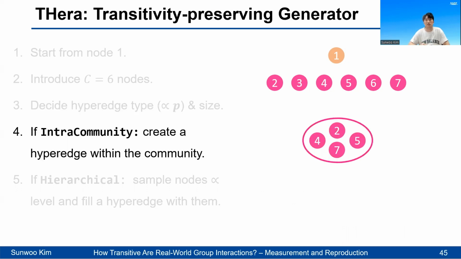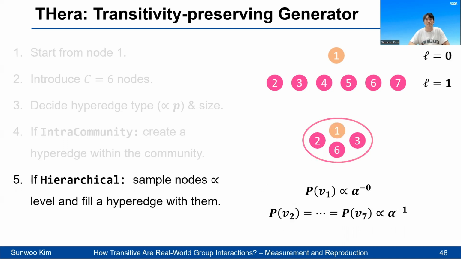If a hyperedge is decided to be an intra-community hyperedge, it creates a hyperedge within the community. If a hyperedge is decided to be a hierarchical hyperedge, it samples nodes from the introduced node sets proportional to the level of each node and fills a hyperedge with the sampled nodes. Note that nodes at the upper side of the tree are more likely to be sampled.